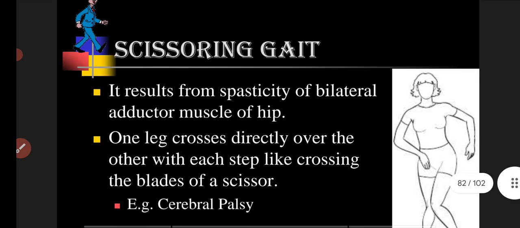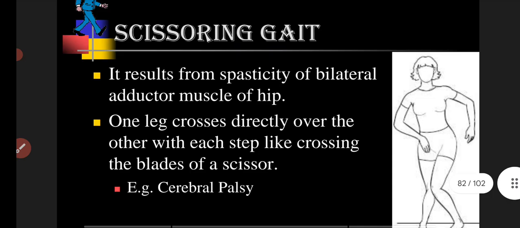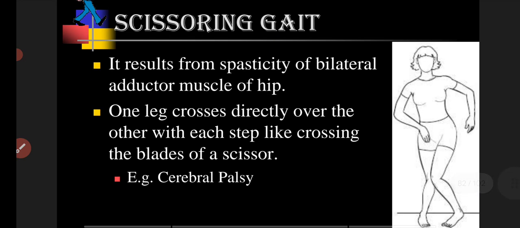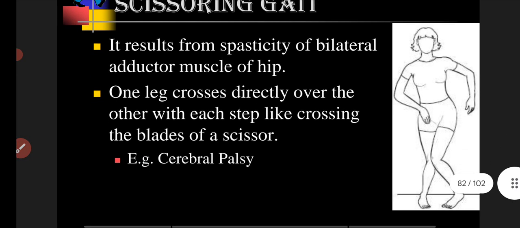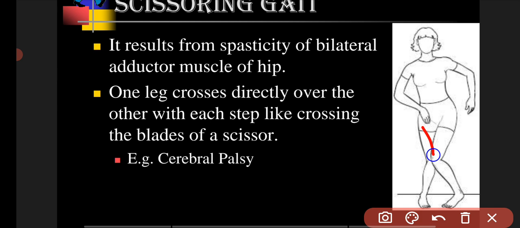Now the Caesarean gait. It results from spasticity of the bilateral adductor muscles, both right and left. One leg crosses over the other with each step.